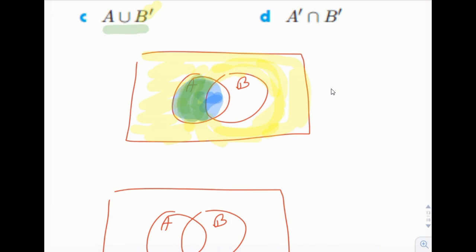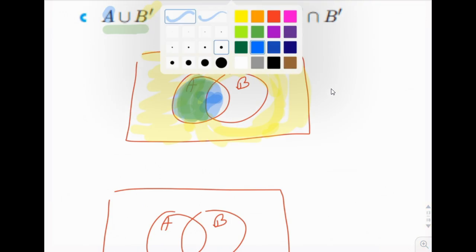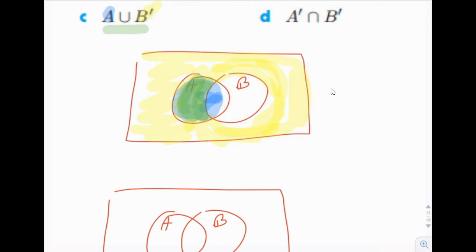So remember I did A in blue, and then I did the union. Oh, wait a second, it's the union. So I'm not going to use green. Well, maybe I'll use green anyway because I already started. So the union of the blue and yellow would be here, here. It would be a shape.